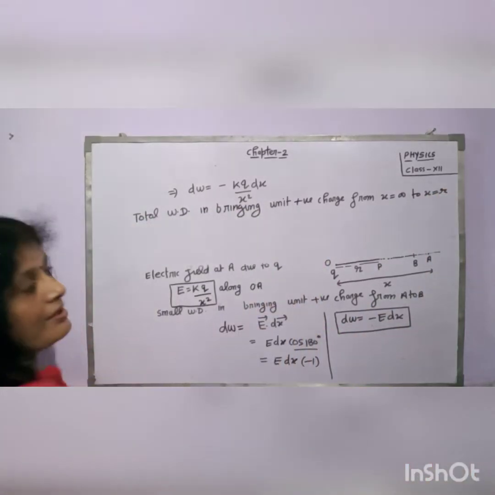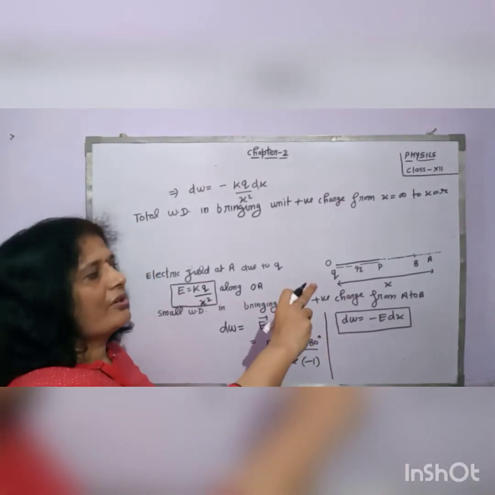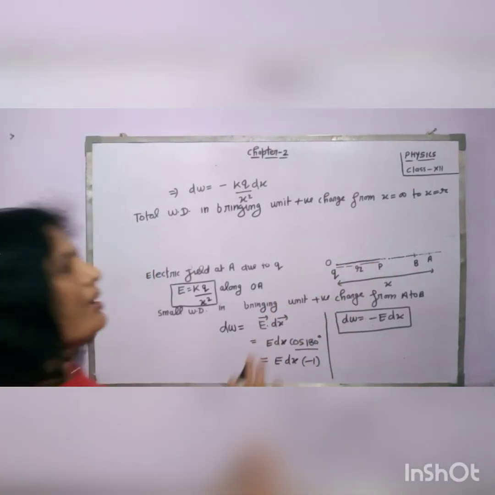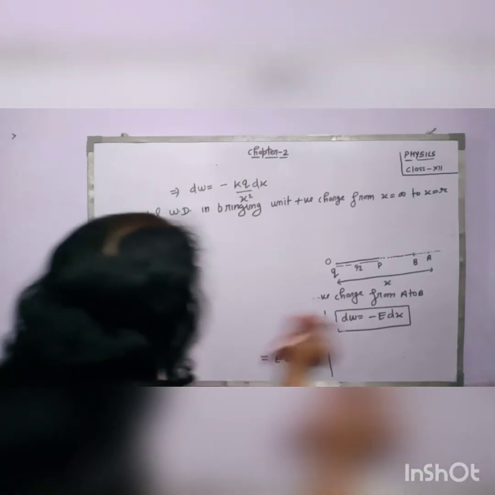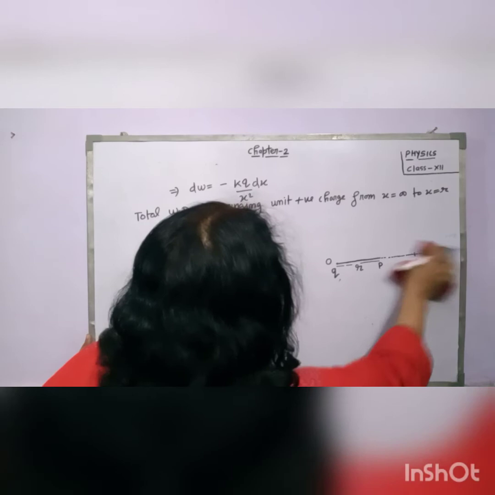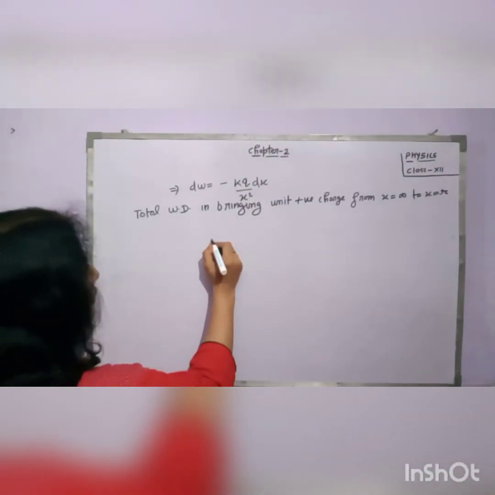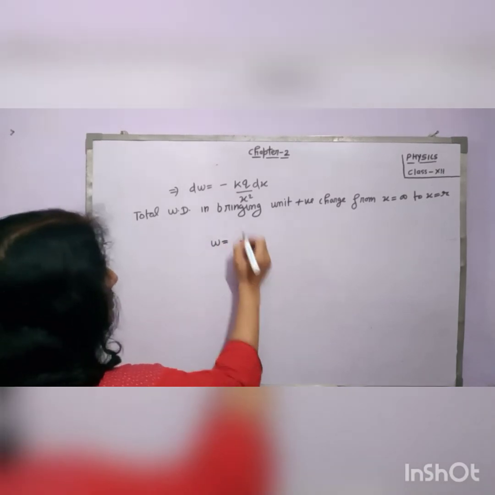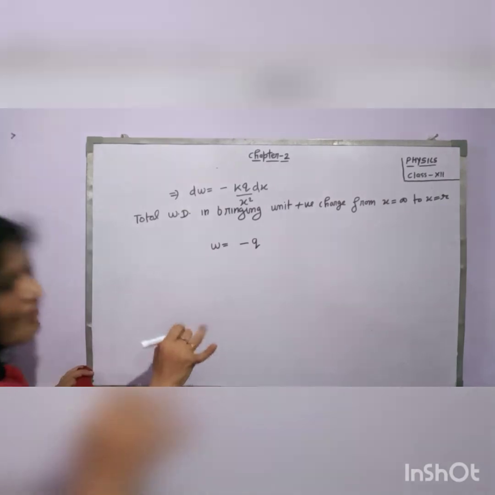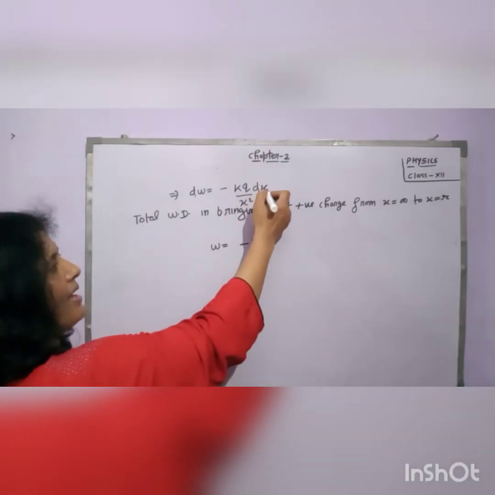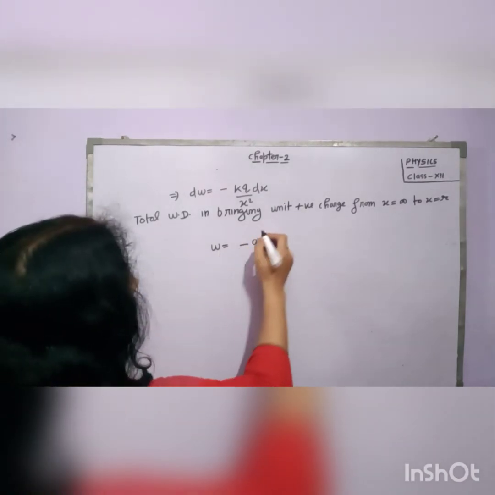The initial position is infinity as per the definition of the electric potential, and the final position is r, at which the electric potential is to be determined. Then what is its value? We have to integrate the above expression within these two limits. Now W becomes equal to minus, the sign comes outside the integration, kQ also being constant comes outside the integration. Here the variable is x, therefore x square remains inside the integration.